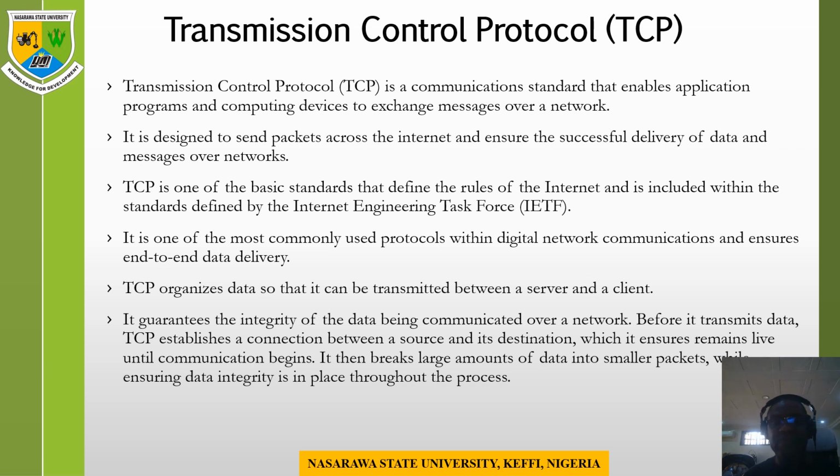So looking at before it starts, you will see that there's a connection between host A and host B. Host A is the initiator and host B is the destination, and the connection remains live until communication begins. It then breaks a large amount of data into small packets while ensuring data integrity is in place throughout the process.